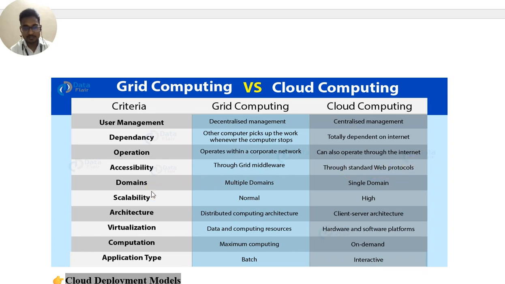Domain: grid computing is distributed across multiple domains, while cloud computing is a single domain. Scalability. Architecture: distributed computing architecture and client-server architecture.